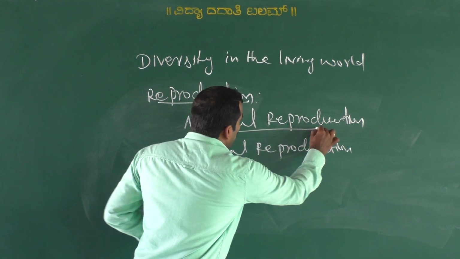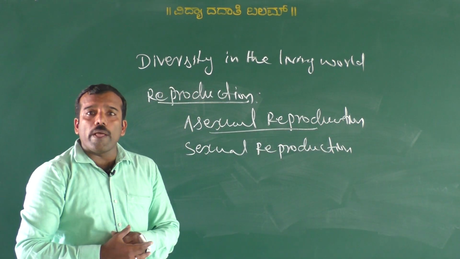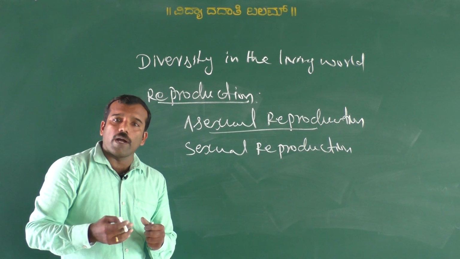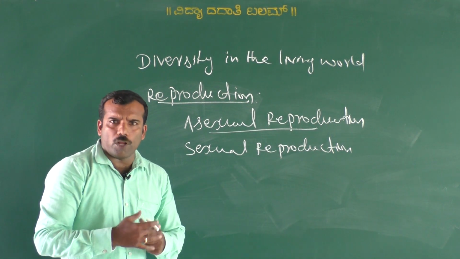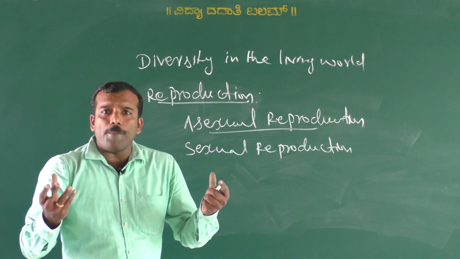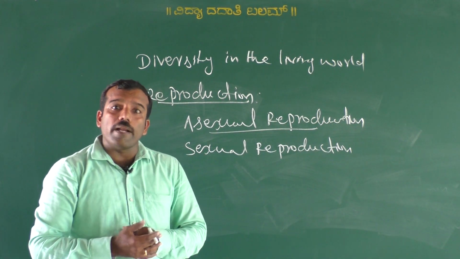Asexual reproduction is found in lower organisms like algae, fungi, even in bryophytes, even in bacteria. So there are different types of asexual reproduction.